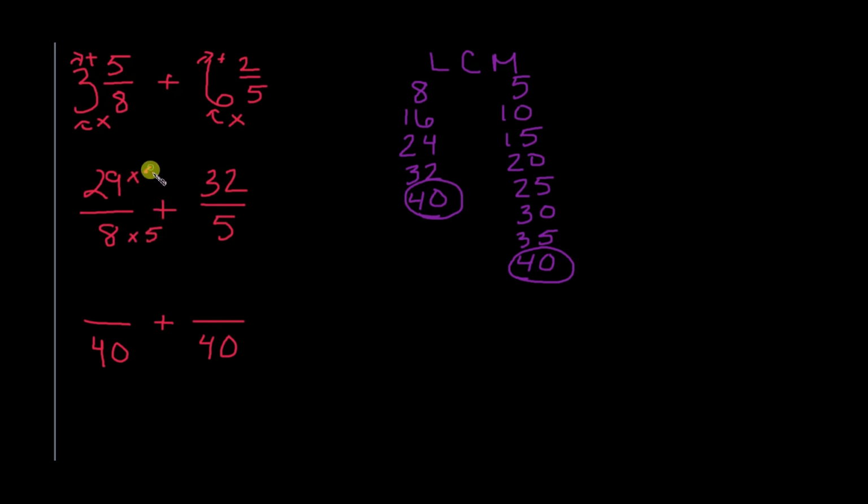This could be a big number, but we're going to do our math in a different color. Let's try blue. So we'll do 29 times 5, standard algorithm. 9 times 5 is 45, so the 5 goes below and the 4 gets carried above. 5 times 2 is 10. You add the 4 and you get 14. So we have 145 over 40.